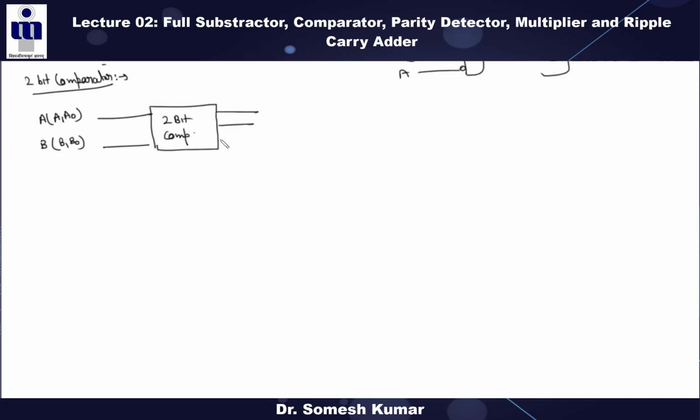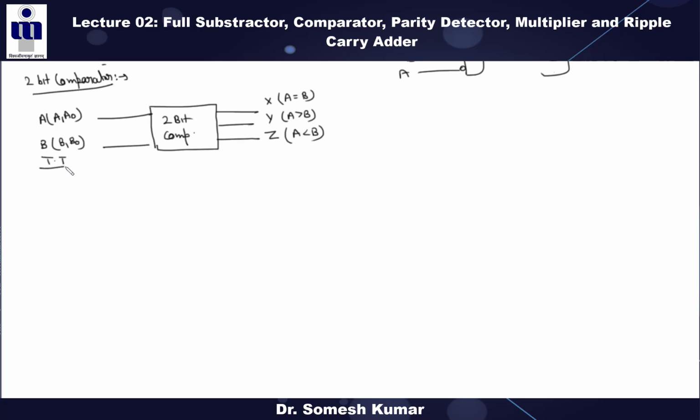And for the outputs, there are three outputs similar to X, Y, Z. X is when A equal to B, Y is when A is greater than B, and Z is when A is less than B. So what is the next step for this comparator? The next step is similarly the truth table. We will form the truth table for the same.